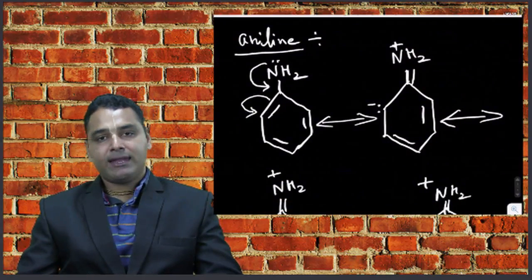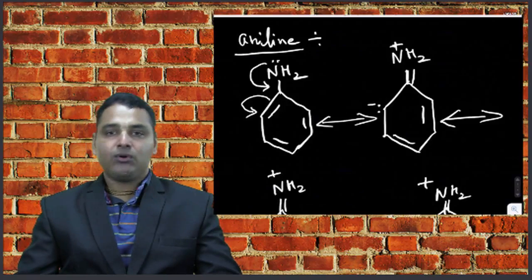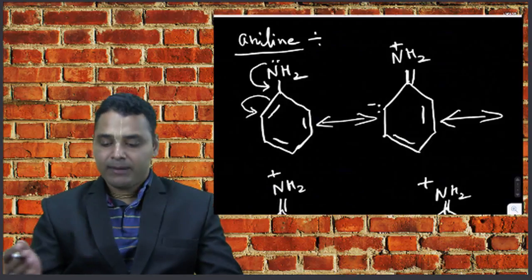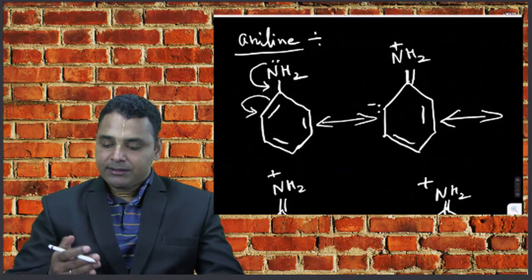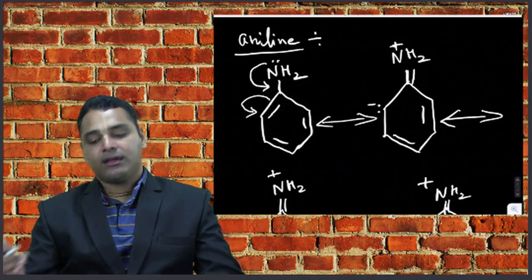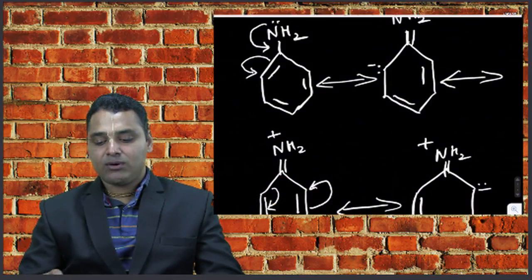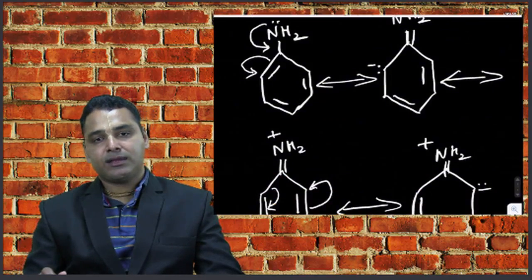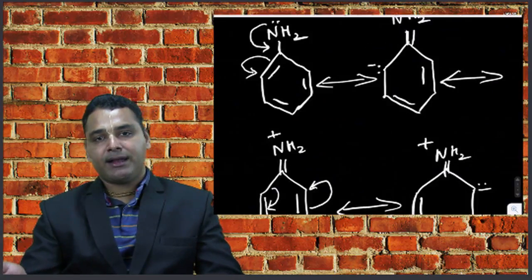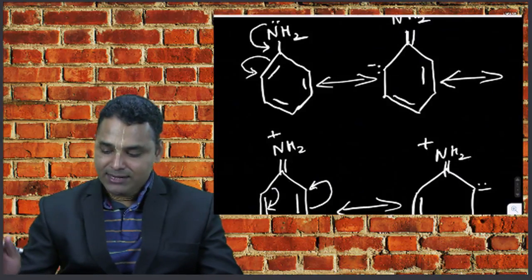In the case of aniline, NH2 is a substituent group and the lone pair of electrons shifted away from it and then encircled the whole benzene ring. Earlier where there was a single bond, now it is a double bond, and earlier where there was a double bond, now it's a single bond.